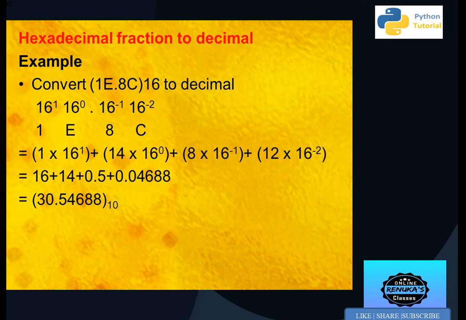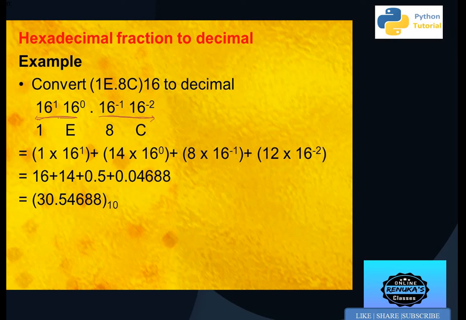Hexadecimal fraction to decimal, same way. Place values before the decimal are 16 raised to power 0, 16 raised to power 1, but place values after the decimal are 16 raised to power minus 1 and 16 raised to power minus 2. This is from left to right, and this is from left to right, and this is right to left.